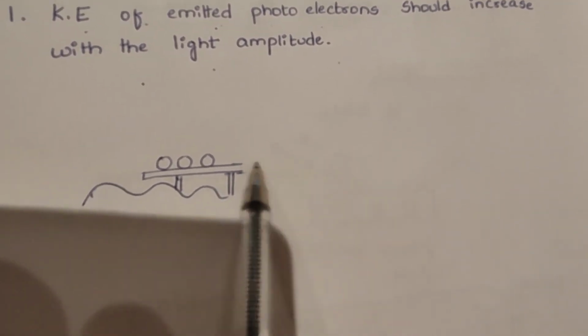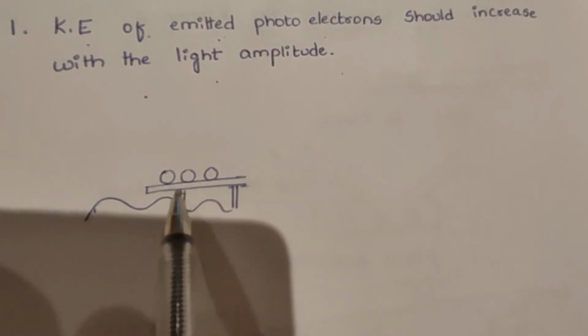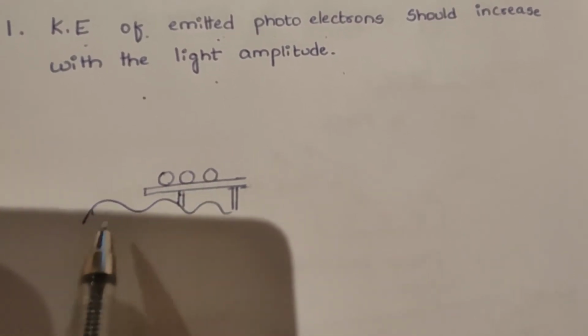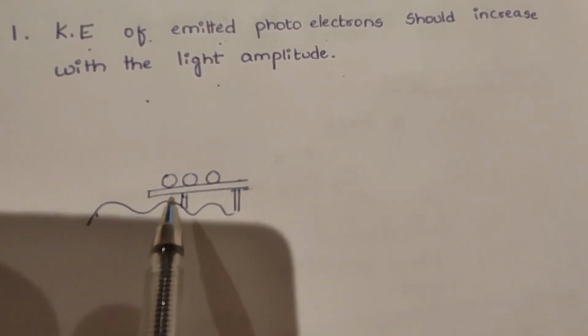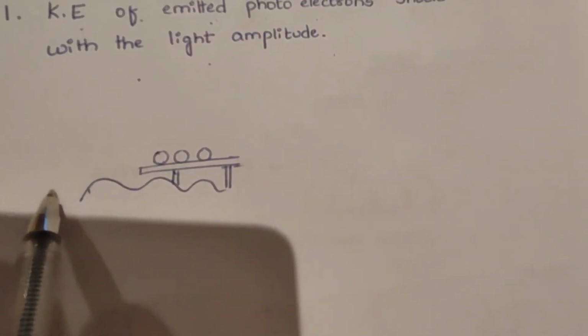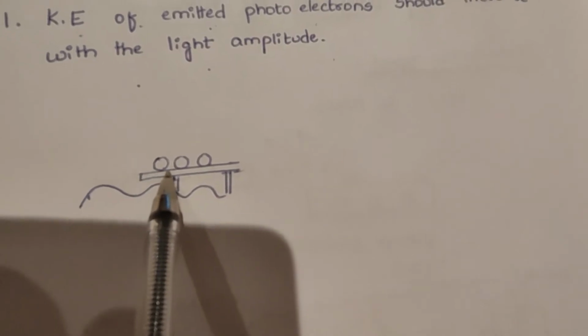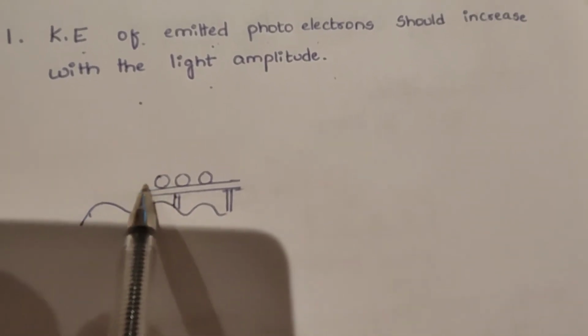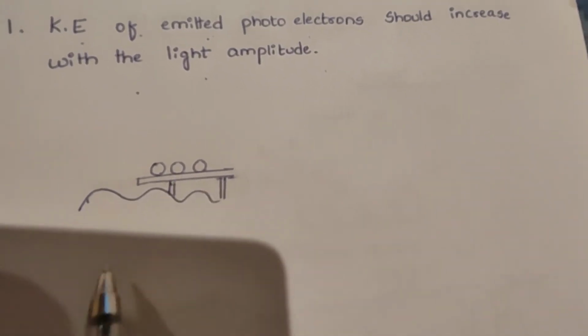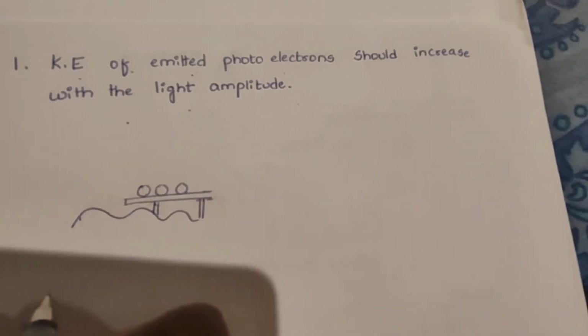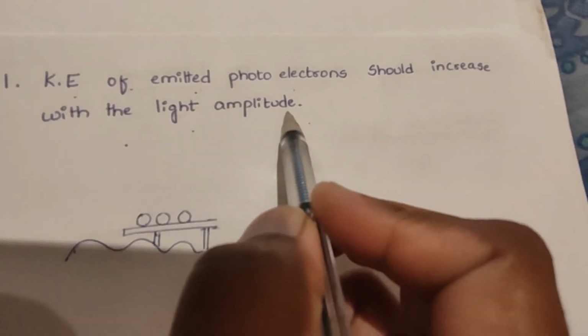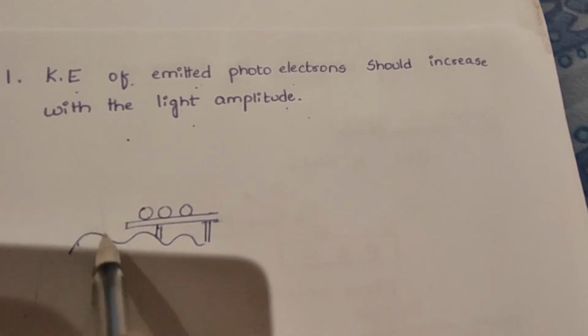Let's assume this one as electromagnetic radiation or light, this one as the metal surface, and the balls present here as electrons. And here light amplitude means the wave.